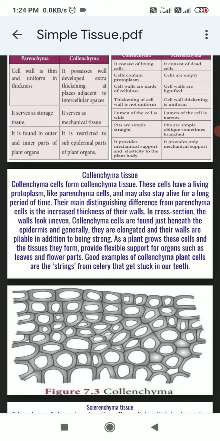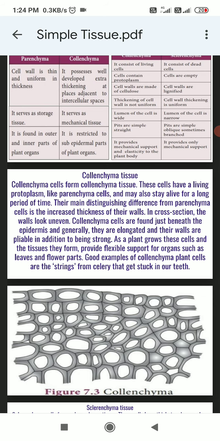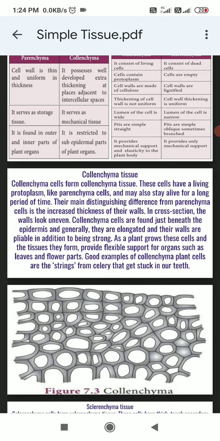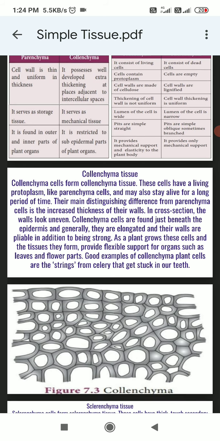In cross section, the wall of collenchyma looks uneven. Collenchyma cells are found just beneath the epidermis and generally they are elongated and their walls are pliable in addition to being strong.